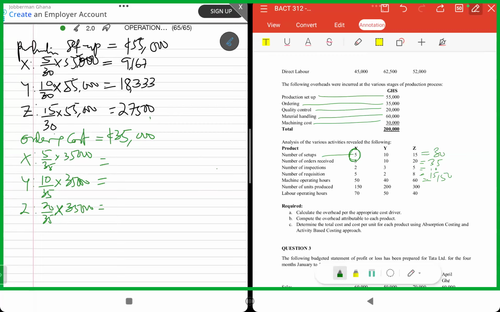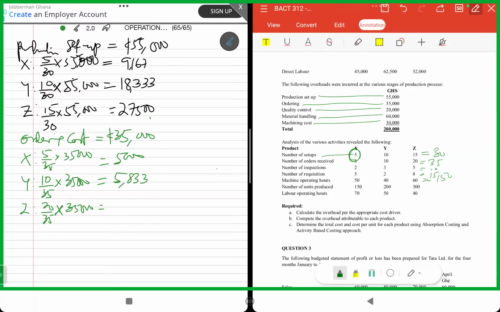5,000. 5,833. No, the first one is not 5,000. How can it be 5,000?